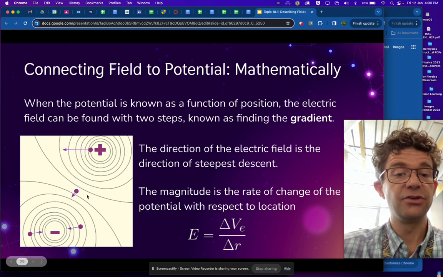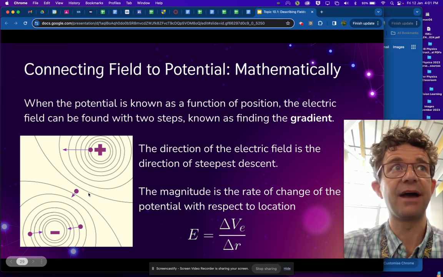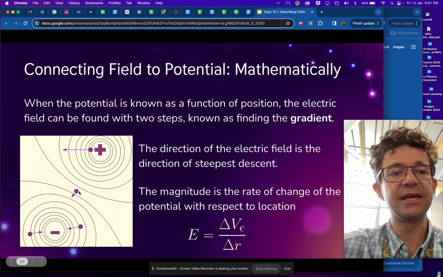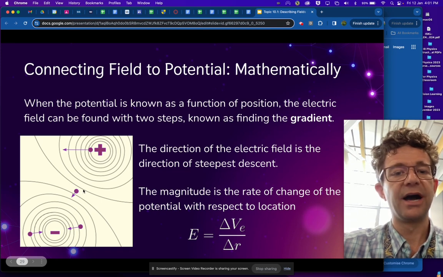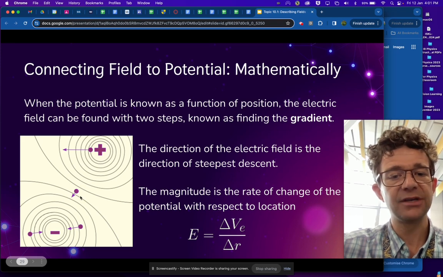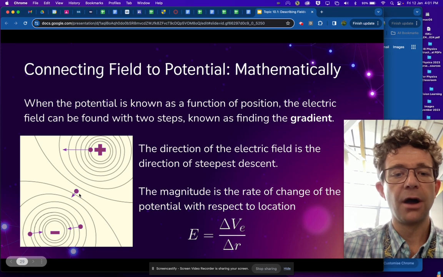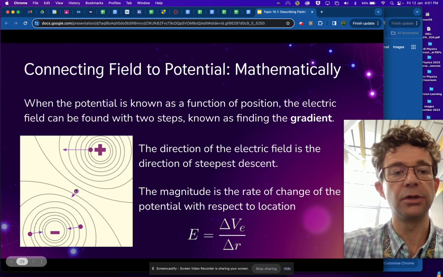And so then you could find the strength of the electric field by saying between 0 and -1, there's, say, a centimeter of distance. And that would be an electric field strength of 1 volt divided by a distance of 0.01 meters, or 100 volts per meter, which is the same thing as 100 newtons per coulomb.